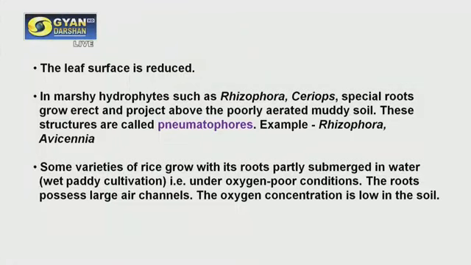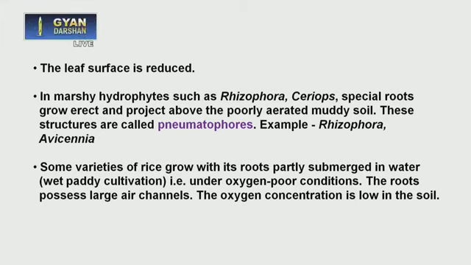That is the roots project above the soil surface, and then they absorb certain nutrients and certain ions needed urgently by the plant. So pneumatophores, like in Rhizophora, Avicennia, these are all examples of halophytes. So even in halophytes or marsh plants you will find this kind of pneumatophores.